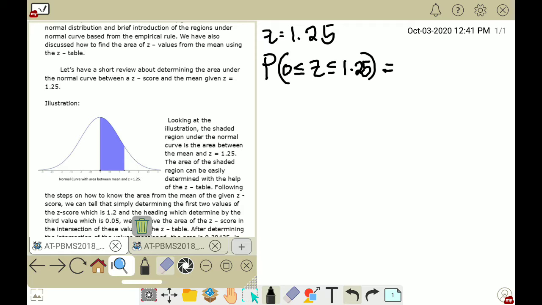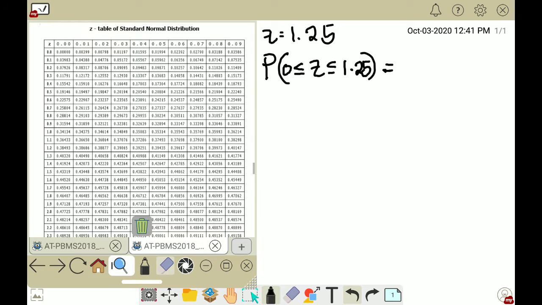If we want to know the area from the mean to 1.25, we simply look at the z table. First, express z equals 1.25 in two parts. The first one is 1.2, for the vertical values of z.